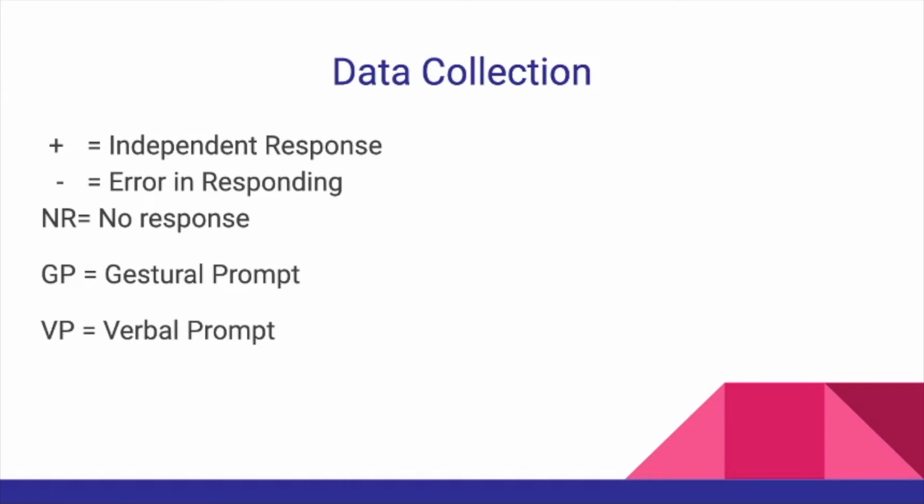We will go into prompting and the different types of prompts in Module 2. But for now, remember that you always need to read the client protocol and program because there are so many different ways we can take data on tacts.